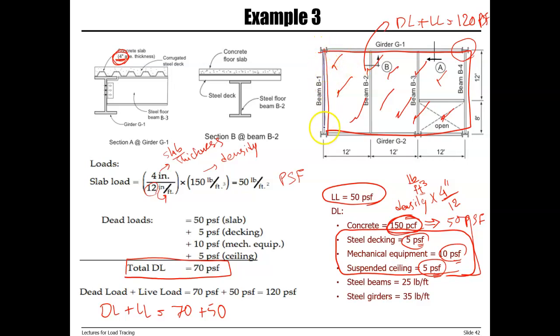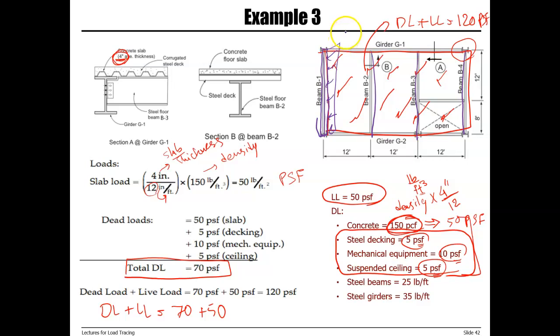The area is supported by 1, 2, 3, and 4 beams. First, we want to look at free body diagram of beam B1 and calculate the load transferred from the area to beam B1.